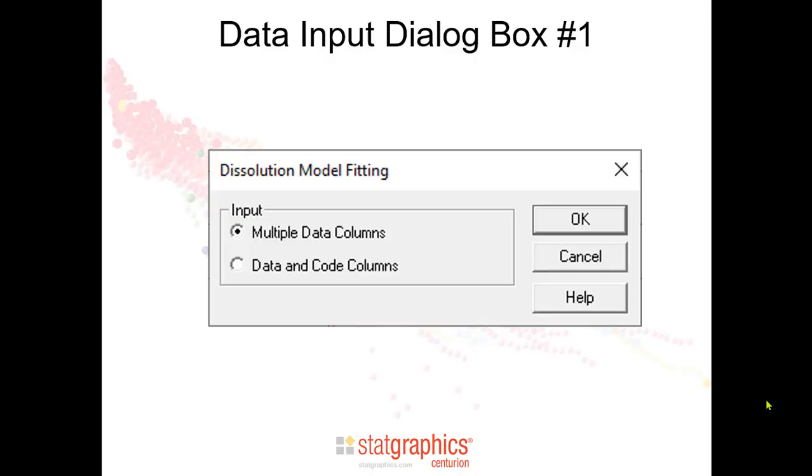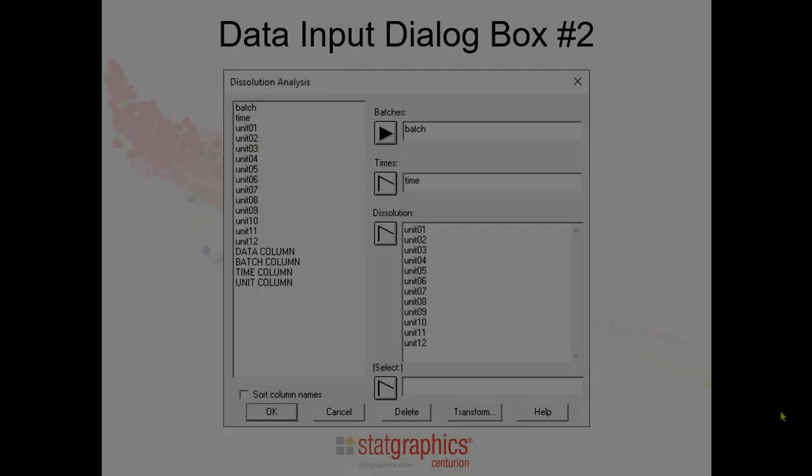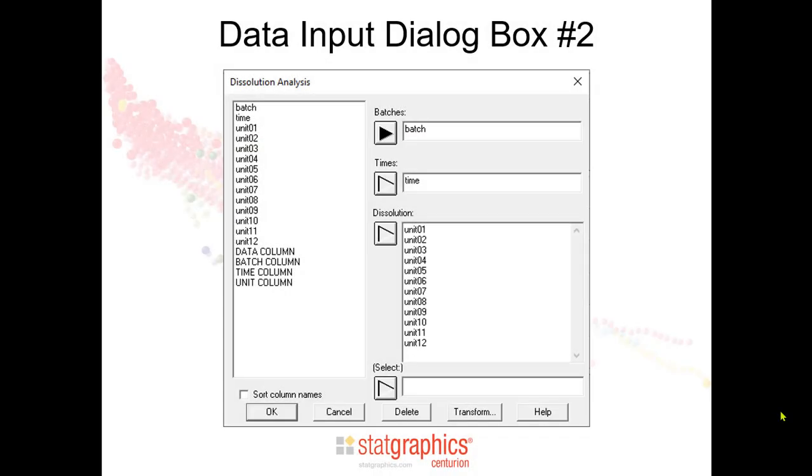In this case, the data from different units have been placed in multiple data columns. On the next dialog box, you'll specify the column containing batch identifiers, the column containing the time periods, and multiple columns containing the measurements from the different units.